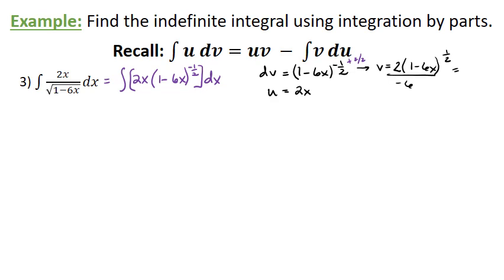So v is equal to negative 1/3 times the quantity 1 minus 6x to the power of 1/2. That is v. Du is a little bit easier to find. Du is simply the derivative of this with respect to x, so 2 dx. So we have v, we have du, and then we also have dv and u.